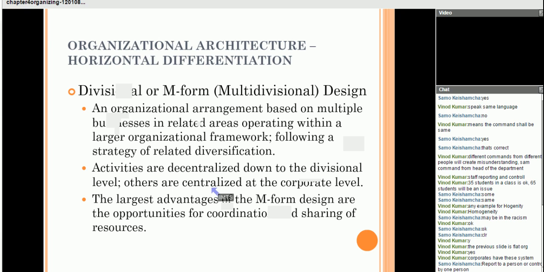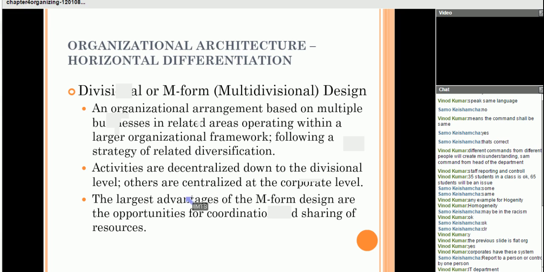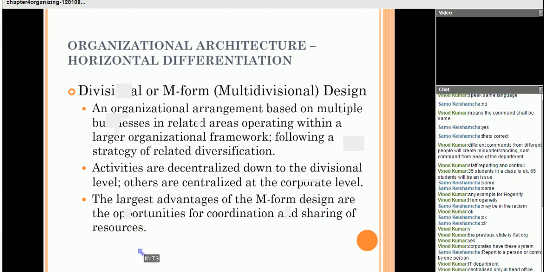They are governed from there. And decentralization is when less control is there. Okay, that is decentralization. The IT department, it can be anywhere. So the largest advantage of the M-form design is the opportunities for coordination and sharing of resources.